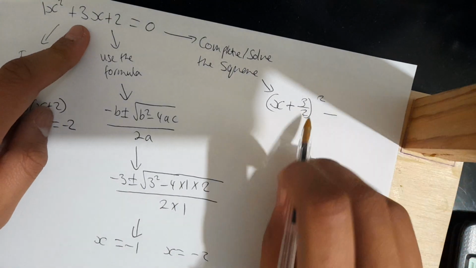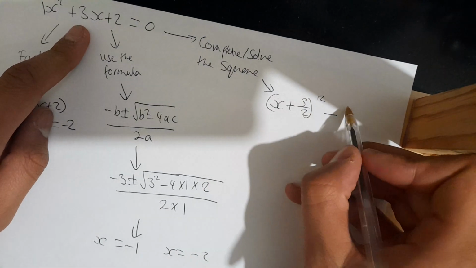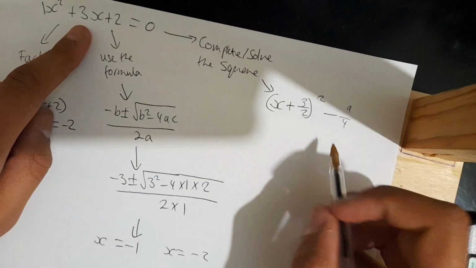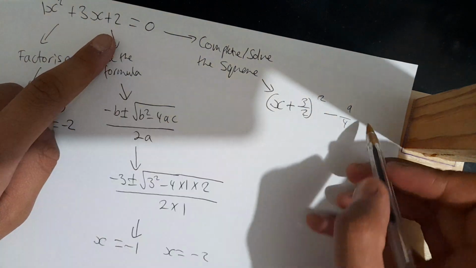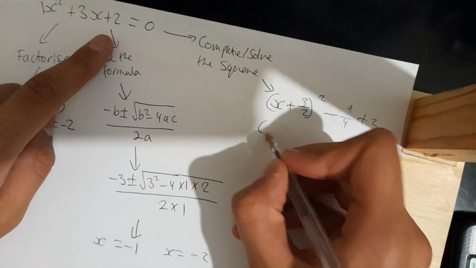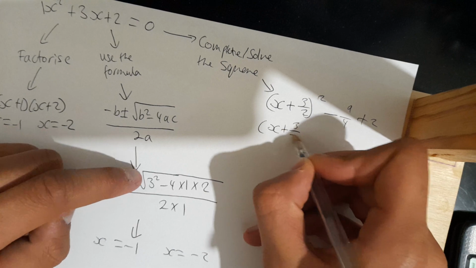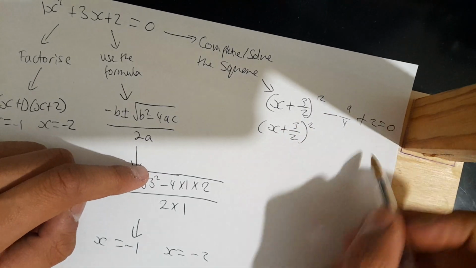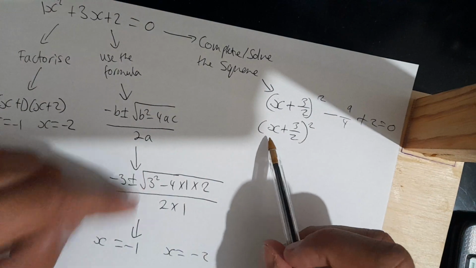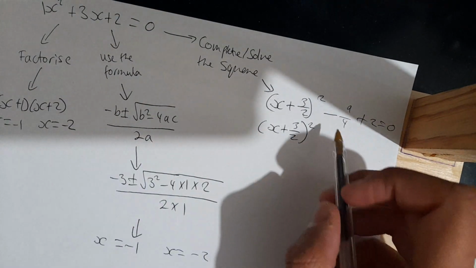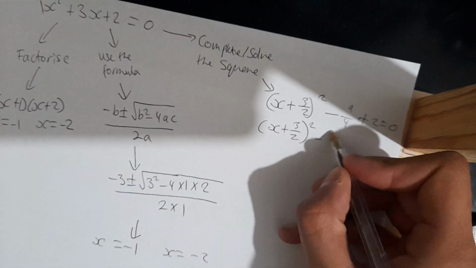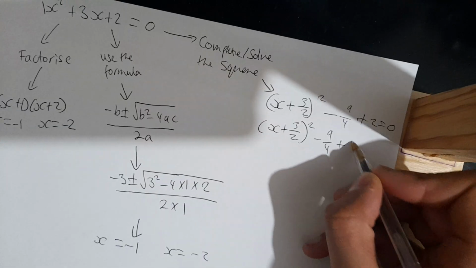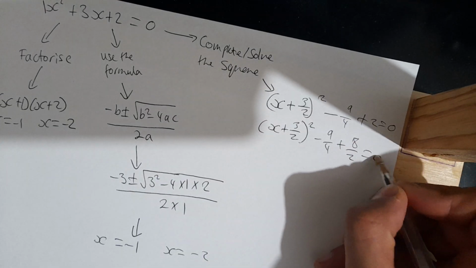And then we subtract this value squared, which is called 9 over 4. And then we add on this thing, plus 2. That means that x plus 3 over 2 squared, sorry, this equals 0. This means that x plus 3 over 2 squared minus 9 over 4 plus 8 over 2 equals 0.